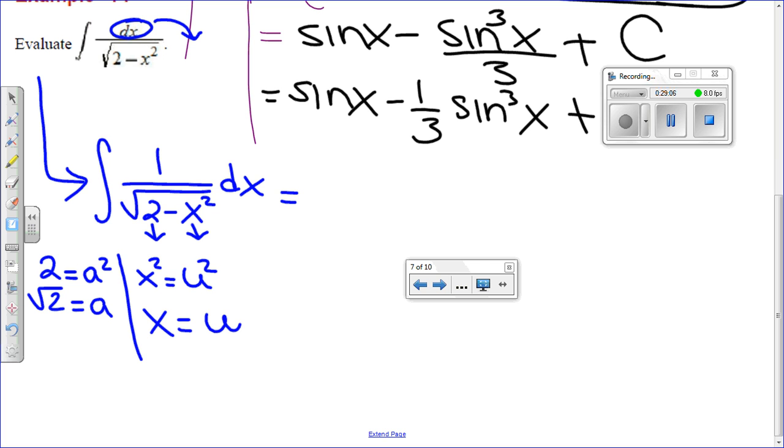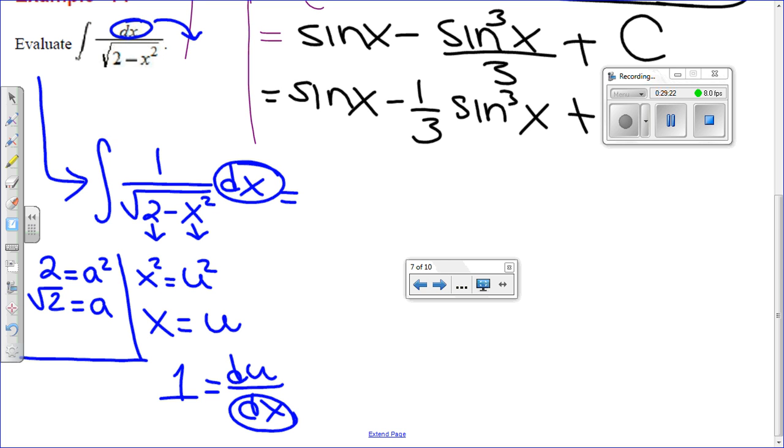And that is nice because if we want to find du over dx, that would just be 1. On our problem, however, we're going to need dx. So we take this dx from the bottom and move it to the left side. So that would be 1 times dx is equal to du, or we could just say dx equals du.